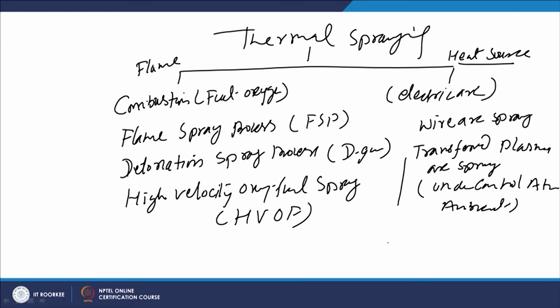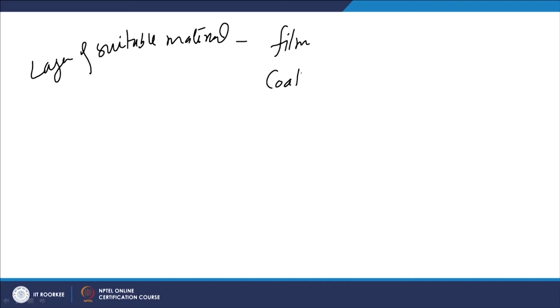Now, as I have said, layer of suitable material is applied on the surface of the substrate. It may be applied in form of films, in form of coatings or in form of the claddings.